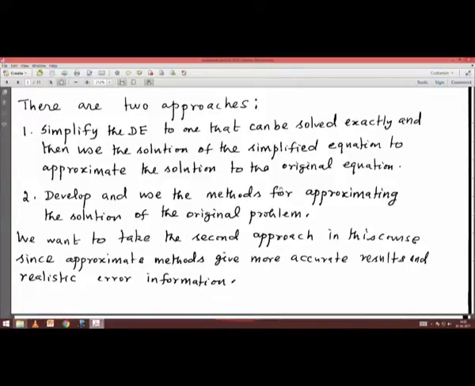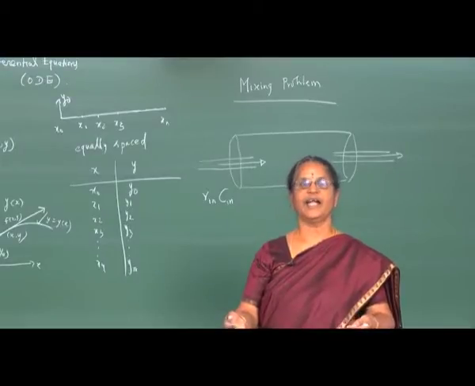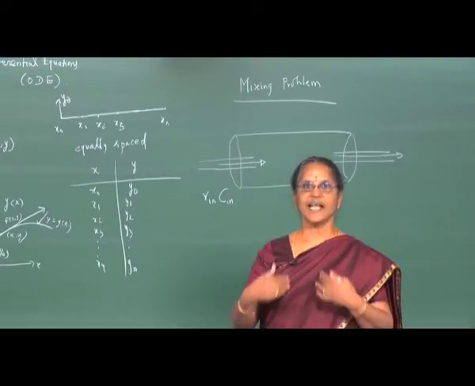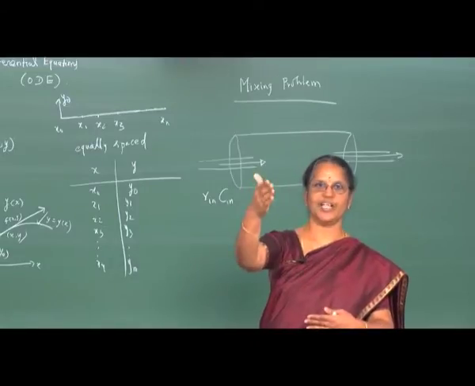There are two approaches to this. The first approach is one where you simplify the given differential equation so that you will be able to analytically solve the simplified equation and take that as an approximate solution of the original problem.